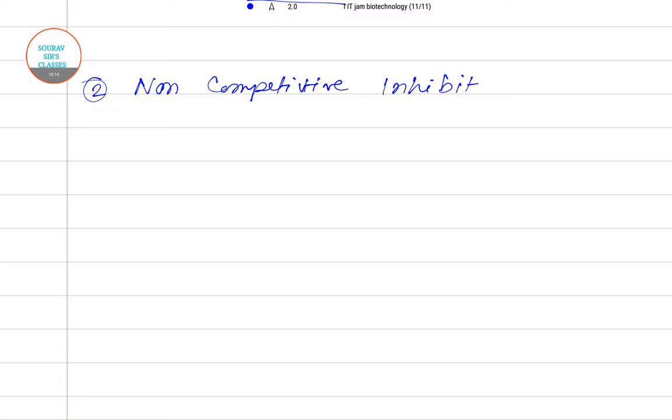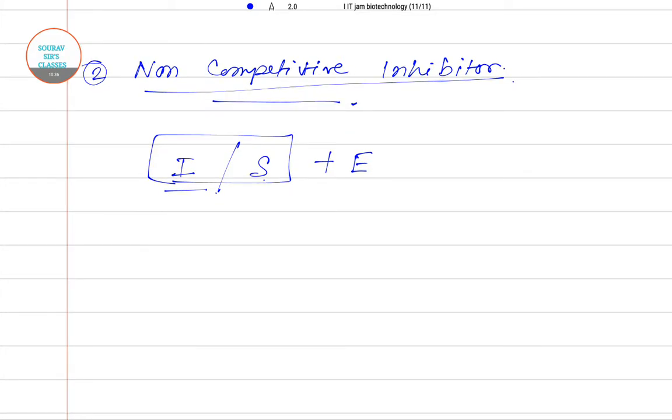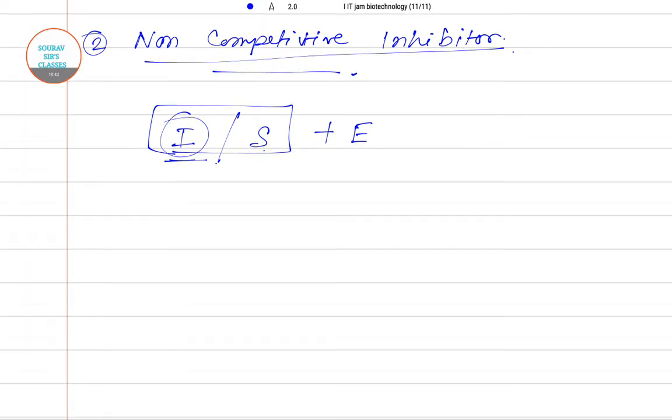So by the name non-competitive inhibitor, we can say there is no competition between the inhibitor and the substrate to bind with the enzyme. Why not? Because there is no such resemblance to the substrate. These inhibitors are not structural analogs of the substrate.